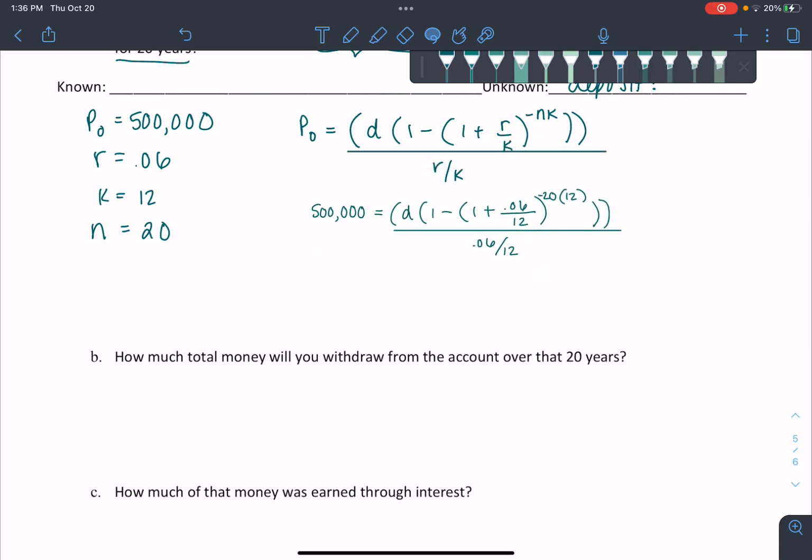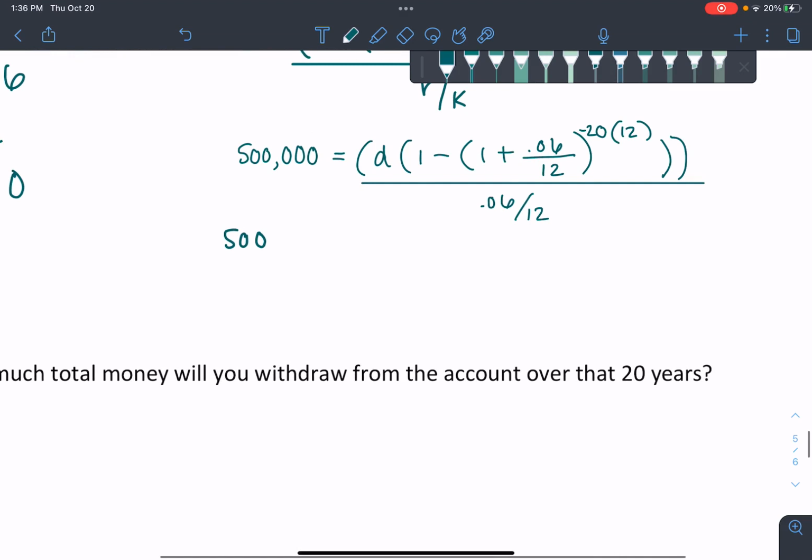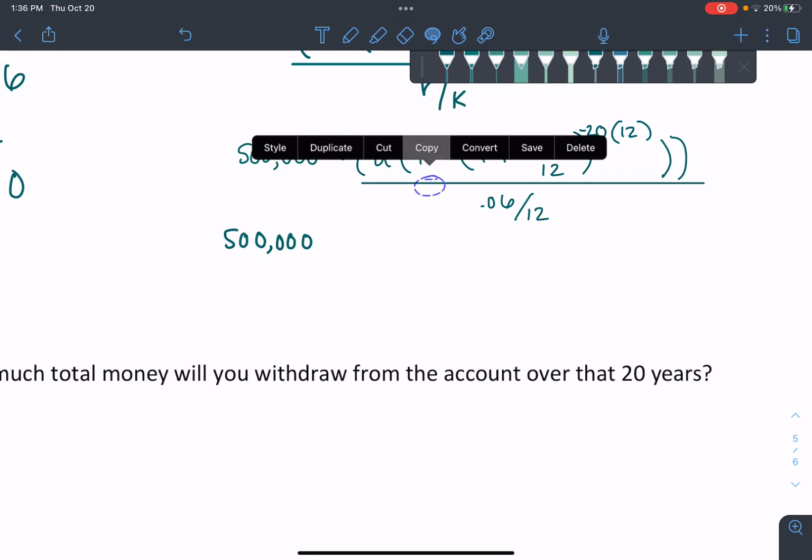Okay, so I'm going to take my 500,000. I'm going to rewrite that first. 500,000. And you know what? I'm actually going to copy this because that's the size of it.